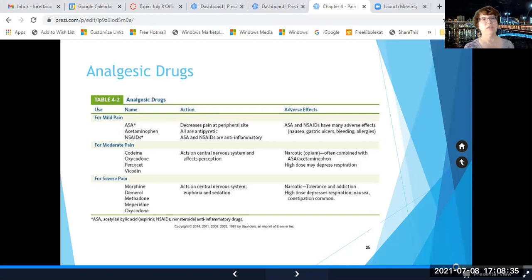High doses of the severe pain medications depress respiration. They can cause nausea and constipation. Some of the ones for moderate pain are the narcotic combined with aspirin or acetaminophen. And high doses, again, may depress respiration because the narcotic pain medication is in there.